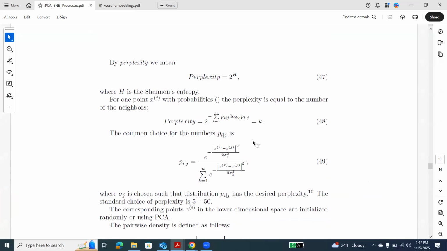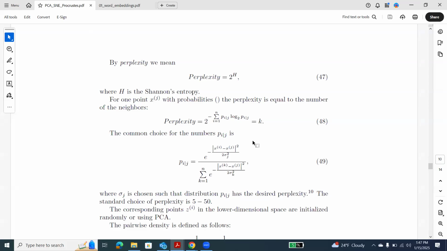In t-SNE, they said, instead of looking at just the k nearest points, we can introduce a Gaussian distribution with some variance. And we choose the variance such that k points will be in the center of our Gaussian.